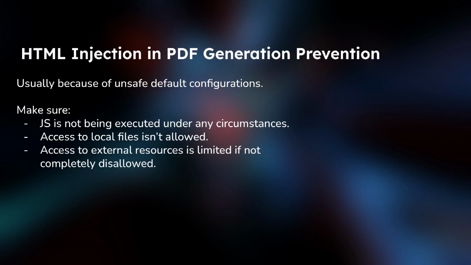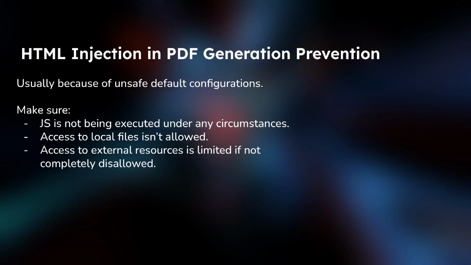You can mitigate this to an extent by disallowing HTML tags in user input fields and HTML entity encoding all of the user inputs so that they get parsed safely. At the very least, you want to make sure that JavaScript is not being executed under any circumstances, and that access to files is absolutely not allowed, because why would this PDF generation thing need to access other files aside from writing this one file, right?